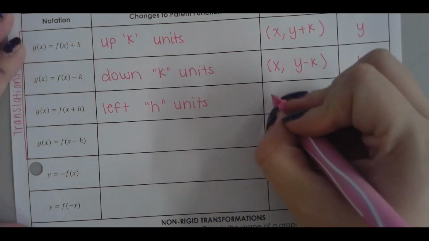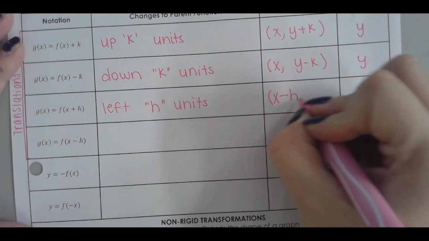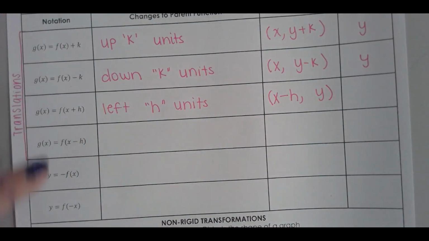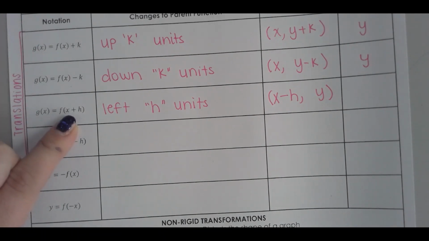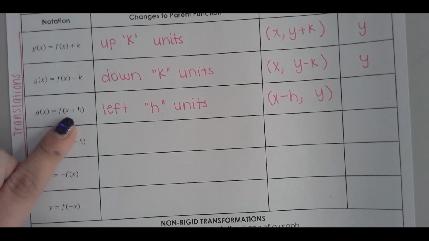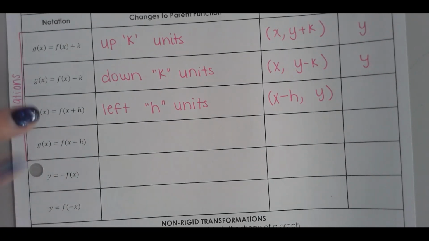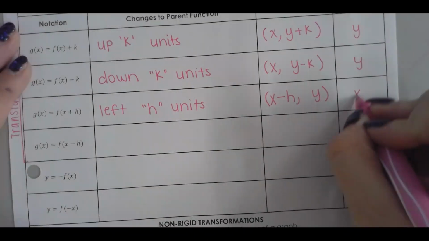And this one would be x minus h, y. So when we get to a real example where you can see it, it's a little different. But if you have like the square root of x plus 3, that means that it's going left 3. And you would subtract a 3 from all of your x values. This one's kind of opposite. Everything's opposite on these two. And those affect your x's.